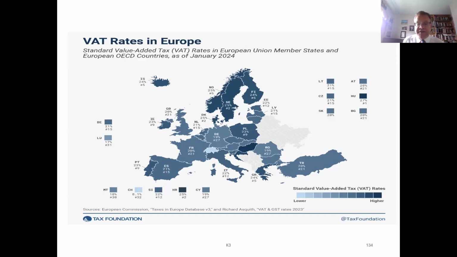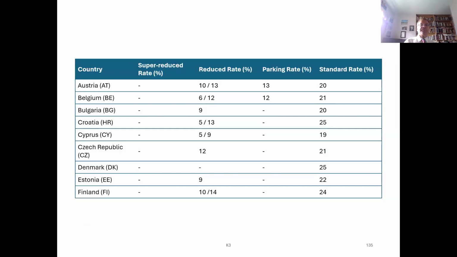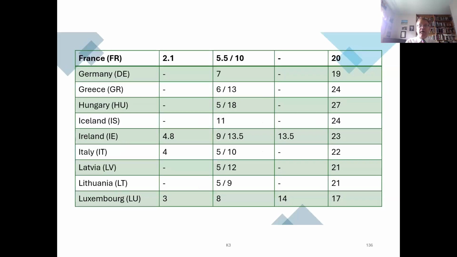But if you look, VAT rates are quite high, the standard rates of VAT. There are also reduced rates allowed. Here are some examples of reduced rates. And what you can see there is all the rates are now generally at 20% or above. They are allowed one reduced rate, and some of them also have a parking rate and a super reduced rate as well.